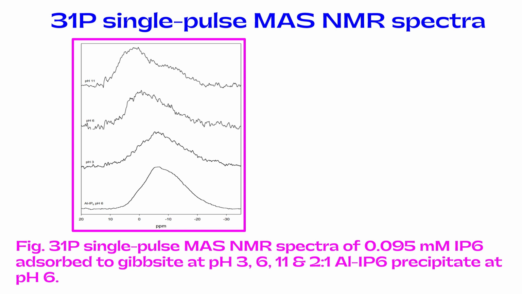So from this spectra we see that these three spectra have been shifted to greater extent, which are responsible for the formation of inner sphere complexation onto the surface.